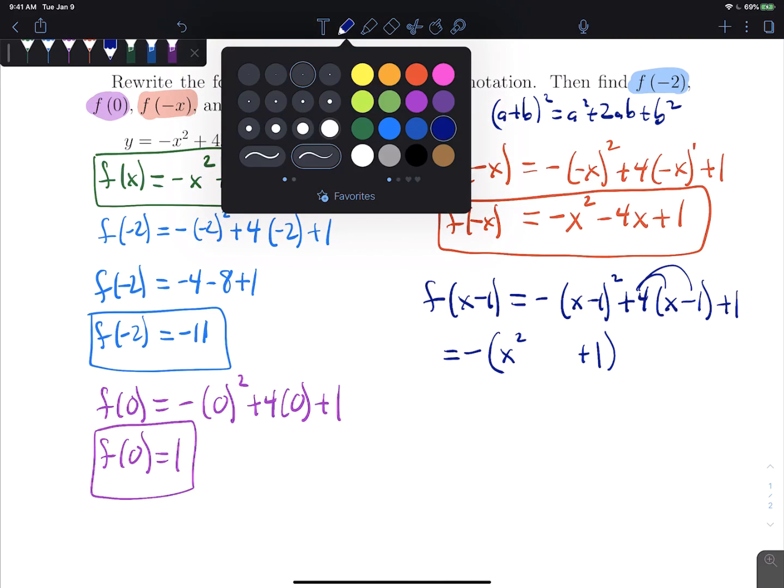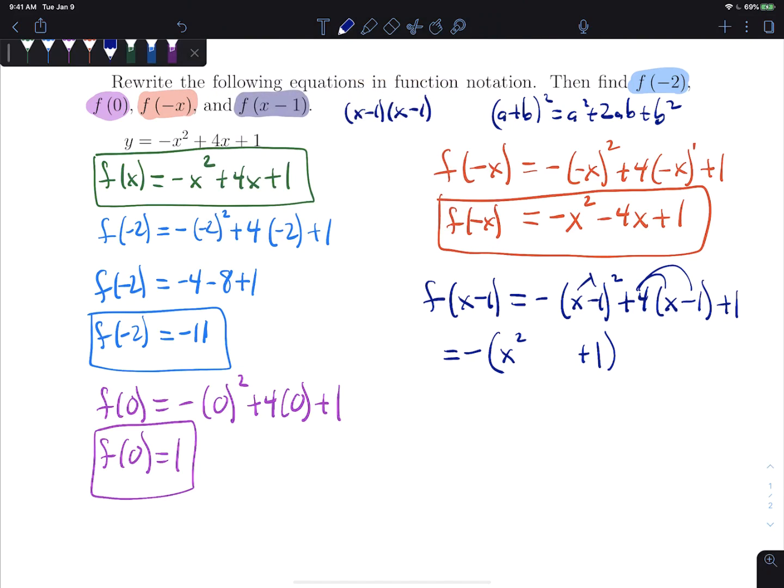Now then, multiply these two together. X times negative 1 is negative x, and then double the coefficient makes that negative 2x. Excellent. Distribute the 4 gives us plus 4x minus 4, then plus 1 at the end.